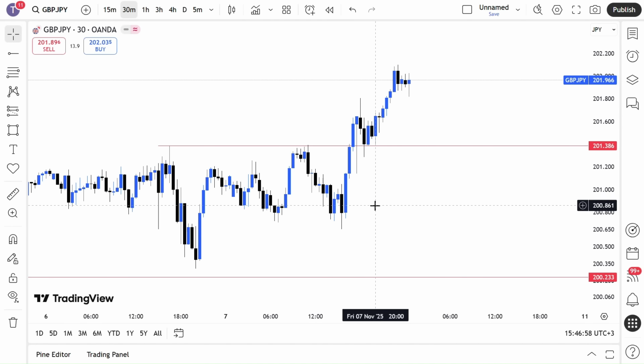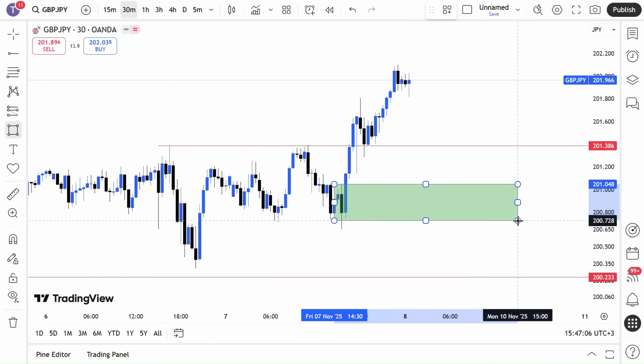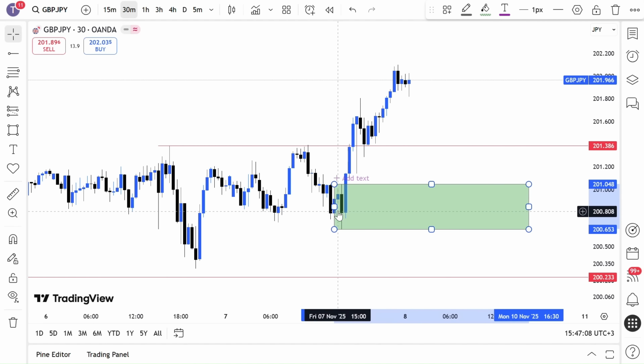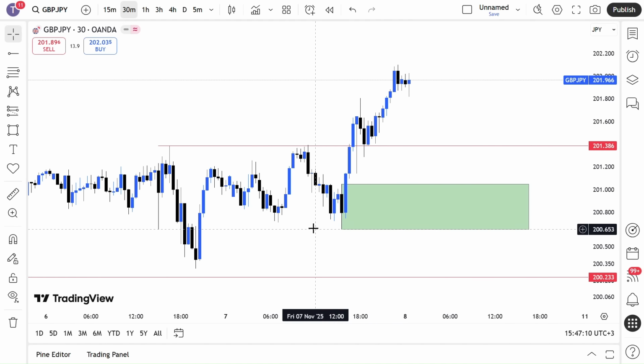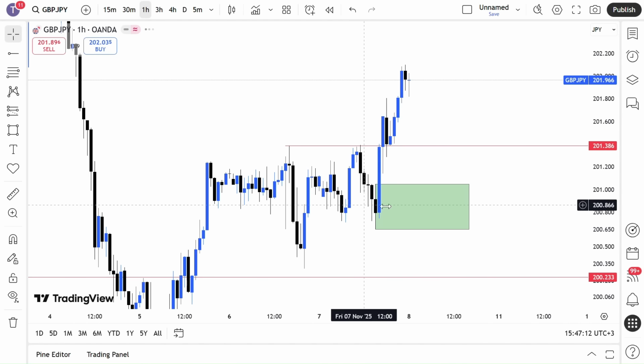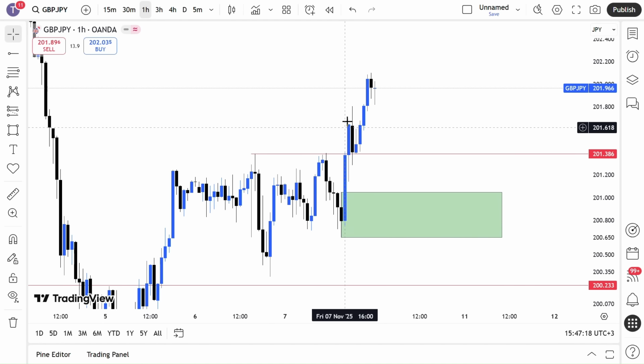So if I drop down into the 30 minutes time frame, this is the order block. You can even mark the order block from the 1 hour time frame, but I consider marking it at this level. So if you come into the 1 hour time frame, you can see that is the order block with the fair value gap. And then we have this inducement just above it.